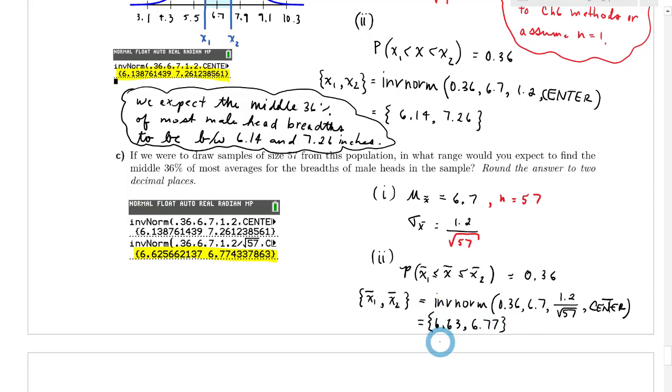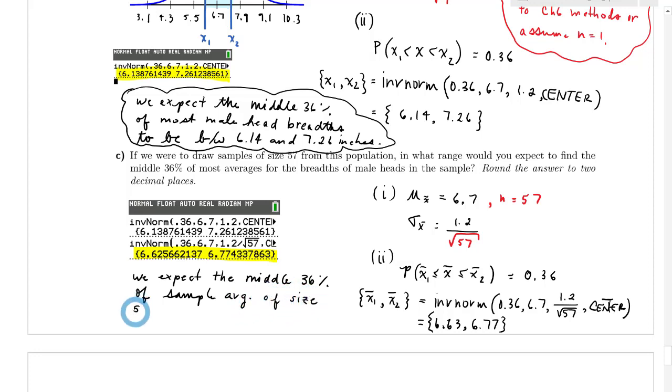So we would say that we expect the middle 36% of sample means or averages of size 57 to be between 6.63 and 6.77 inches.